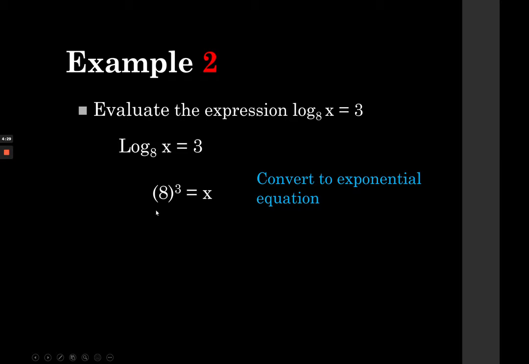It's quite obvious that what you need to do is to perform the exponent. 8 raised to 3 is 8 times 8 times 8. And you're done. x is equal to 512. That is the case 2 where the argument is unknown. Of course, the problem will get complicated if there are fractions involved, but the flow of work is the same.